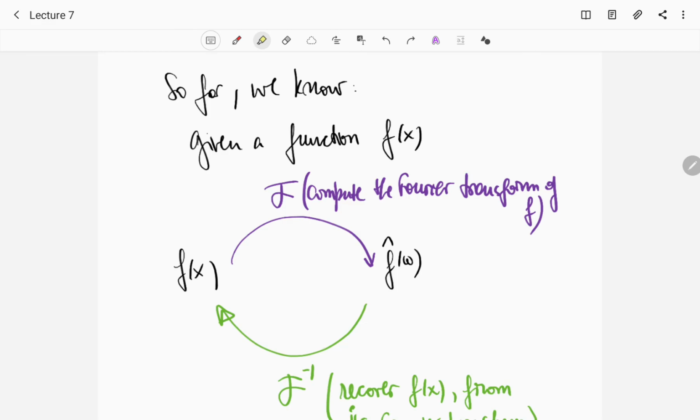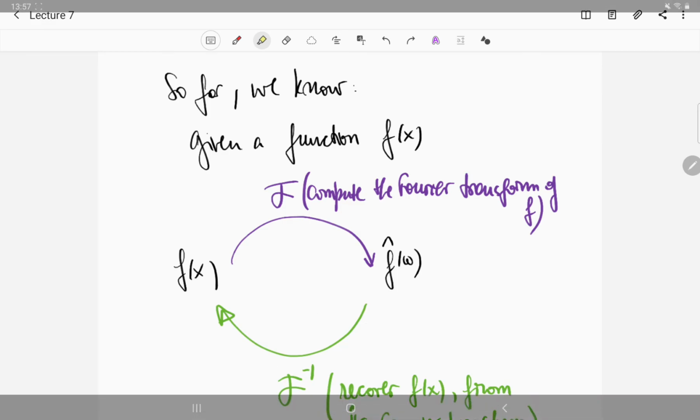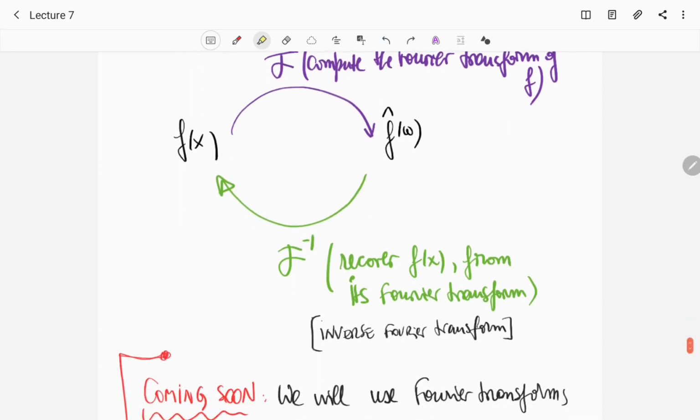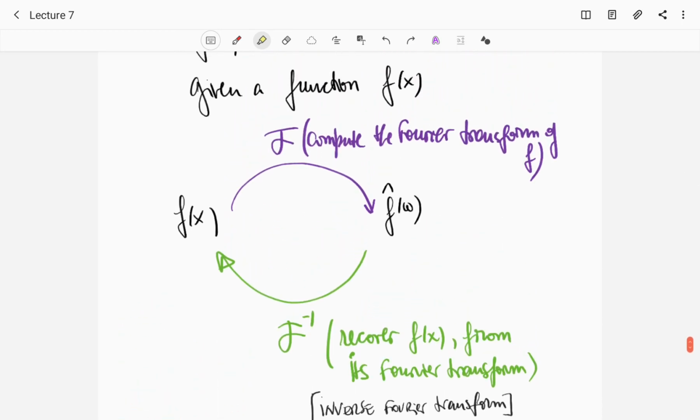And then we have this other F, the inverse of F, like F to the power -1, to denote that we are undoing this Fourier transform. So we know how to do that because we have these two definitions. Given a function f, I know the definition of the Fourier transform, so I can get the Fourier transform.